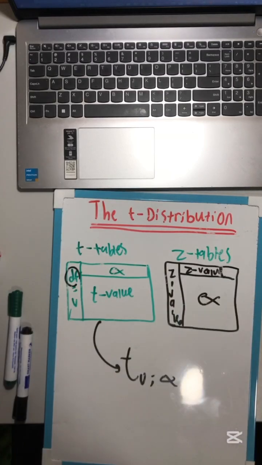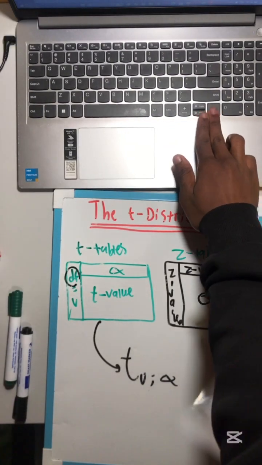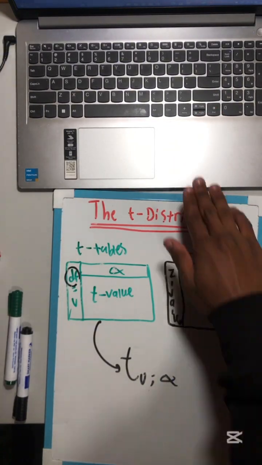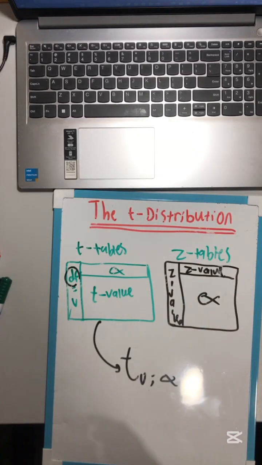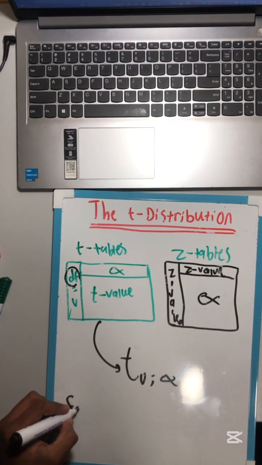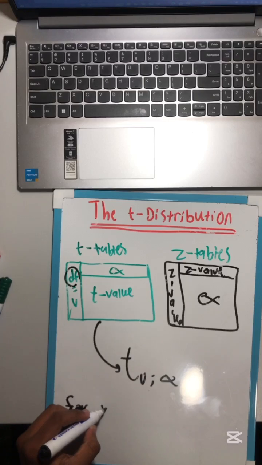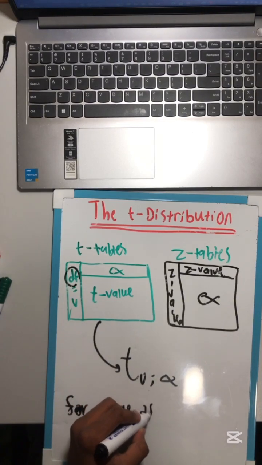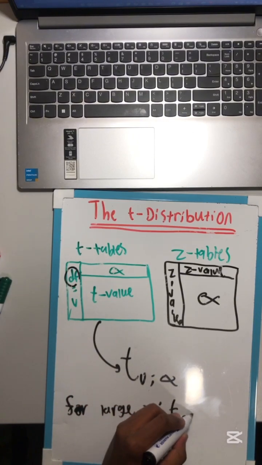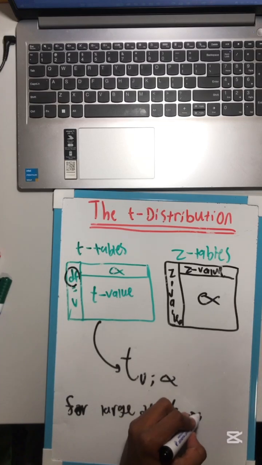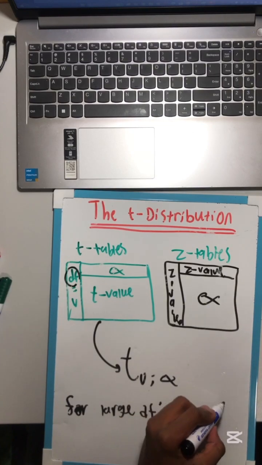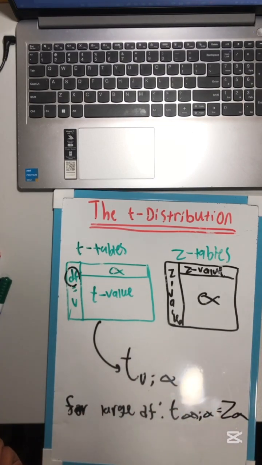But we can just use Z tables, because we'll find it's more or less the same for large degrees of freedom. t with infinity degrees of freedom and alpha is just the same as Z alpha. It's just one notation you can keep in mind.